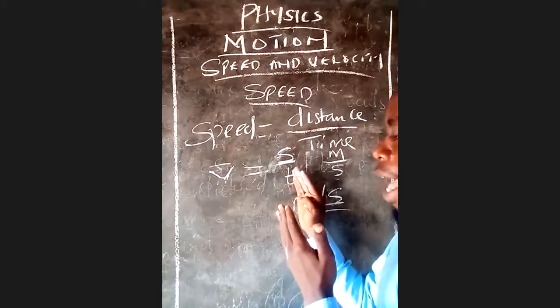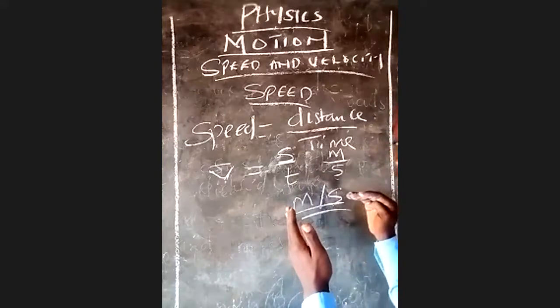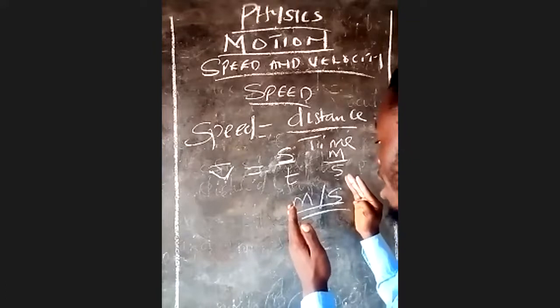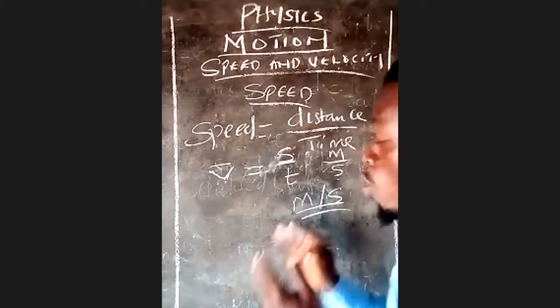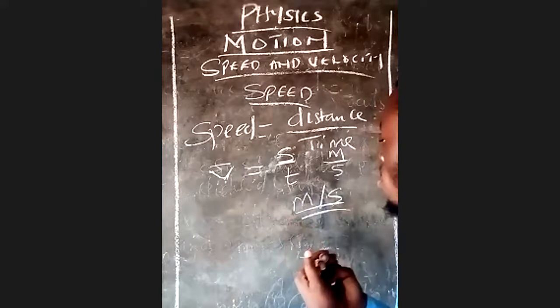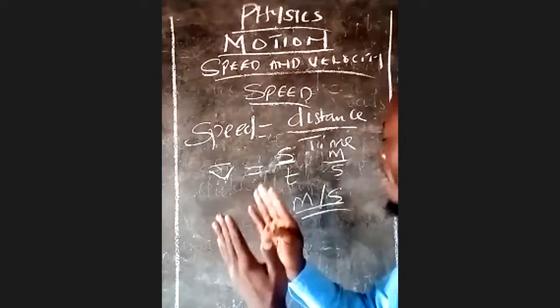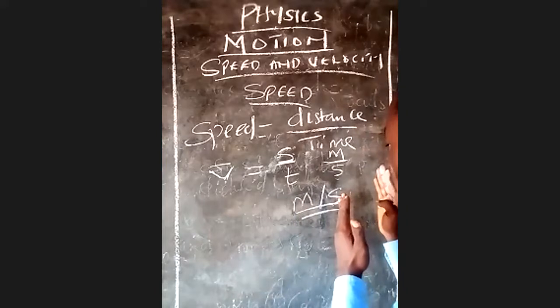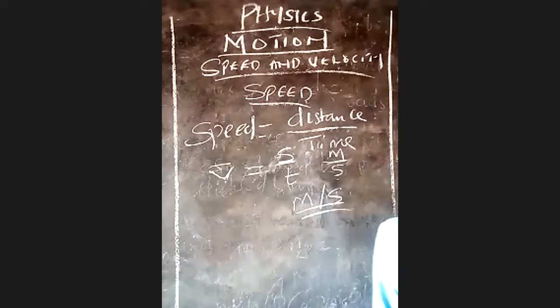So you cannot solve meter and hour together. You can solve meter and second. You can solve kilometer and hour together. But as we move on, we will talk about that.